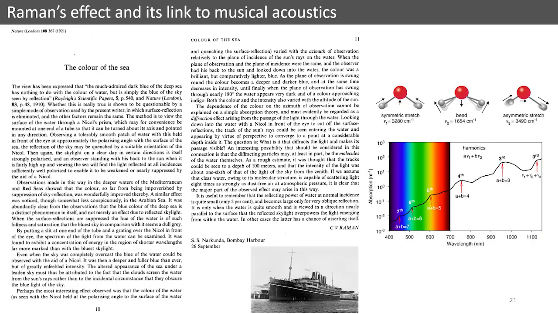This is 1921, and he calls this article The Color of the Sea. In this article, he tries to argue why he thinks Lord Rayleigh was not entirely correct in saying that the oceans are blue because they reflect the sky. And he details his arguments for why there might be light which interacts with water molecules, and that could be the effect for why the oceans look blue.